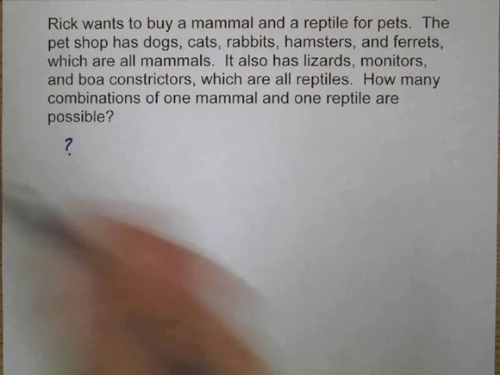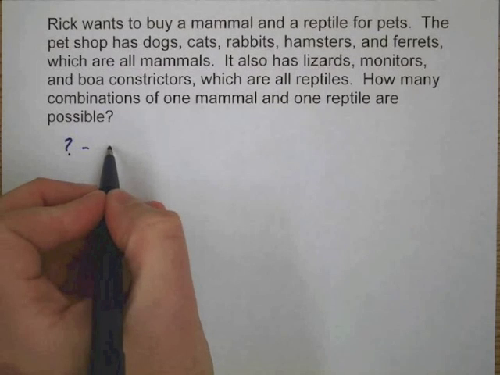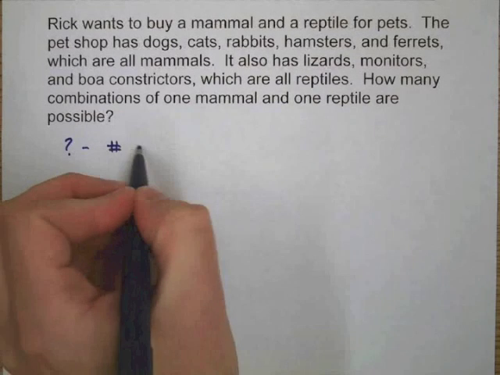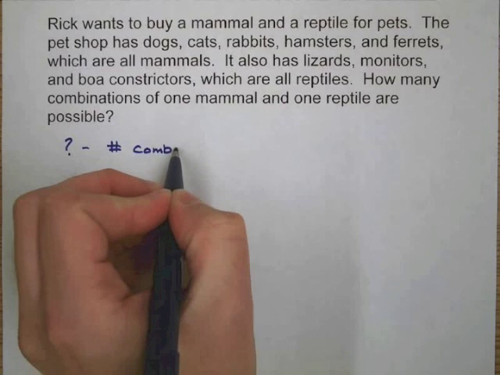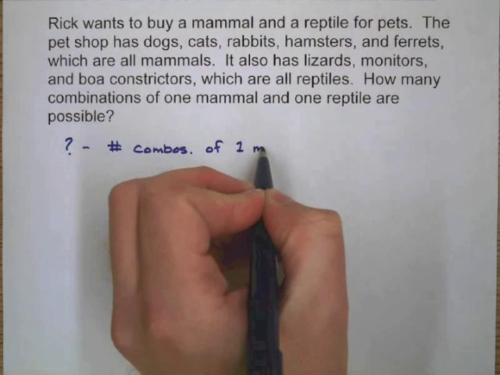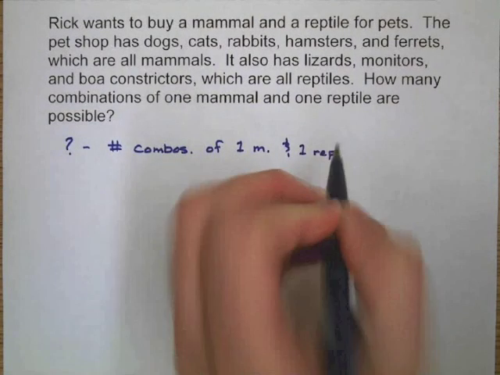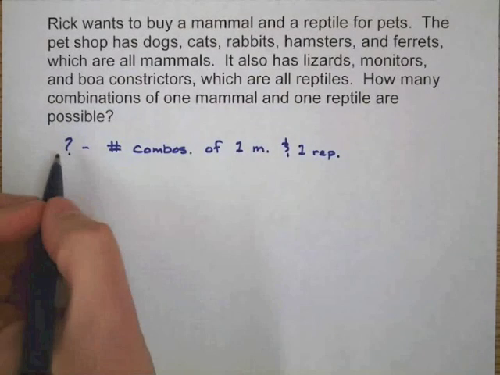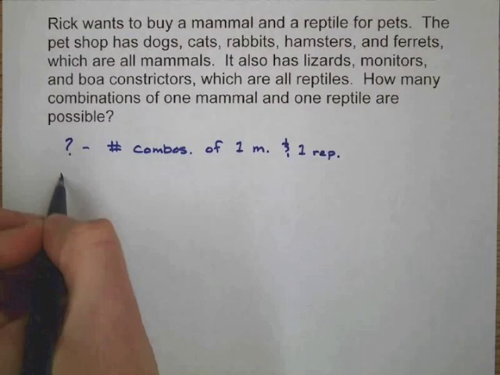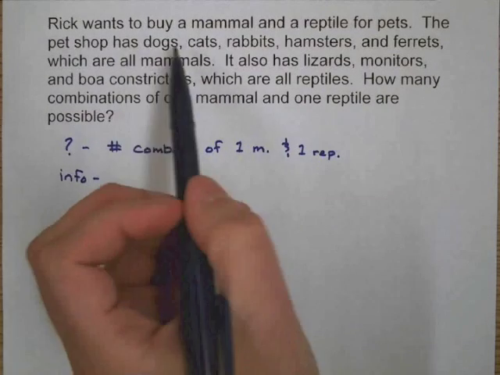So again, I want to make sure I know my questions. So number of combinations of one mammal and one reptile. And I know that I have how many mammals?